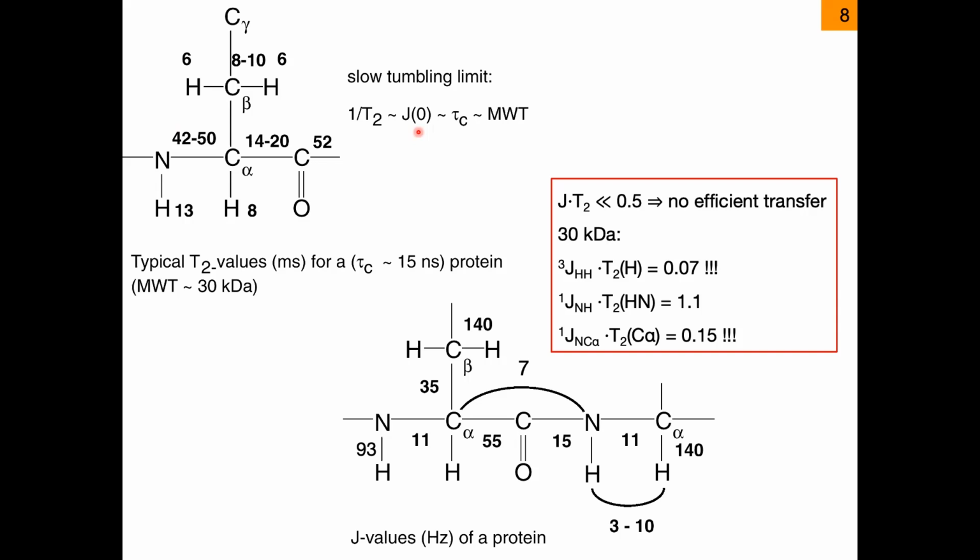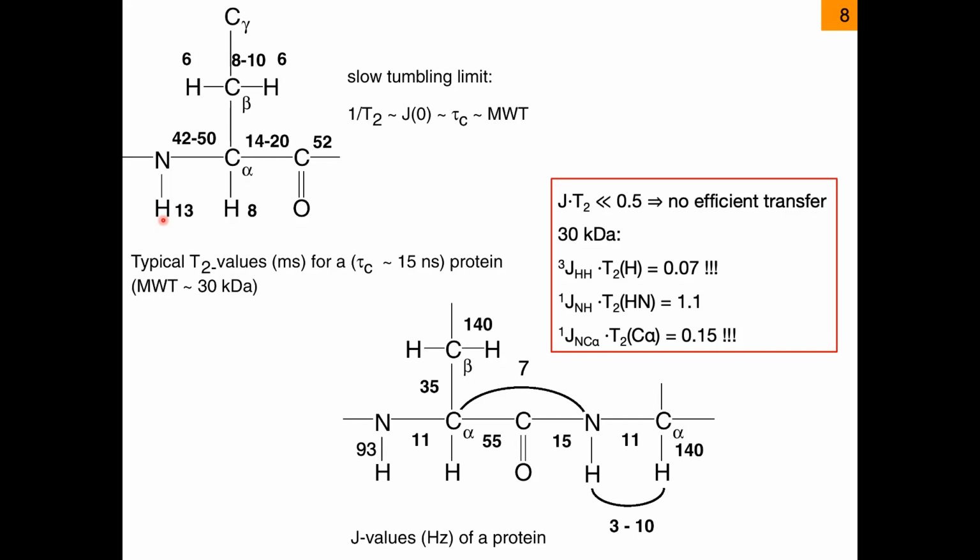So all relaxation rates in this limit of slow motion, when they just come from the tumbling, are proportional just to tau c. No matter where the relaxation is coming from, whether it's CSA, dipolar coupling, also quadrupolar coupling. I mean, this is practically very useful. So if I know one of these relaxation times, the relaxation rate is 1 over T2, yeah? So if I know one of them, I can estimate what the others should be.